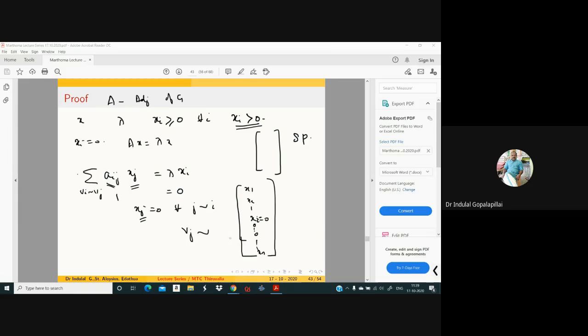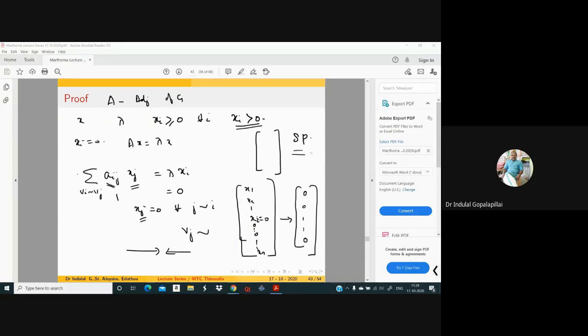And since the graph is connected, eventually we reach a stage when all entries of this eigenvector are equal to 0. That is impossible. Therefore, if a non-negative vector is an eigenvector, then none of the entries can be 0. All entries should be strictly greater than 0, so that the vector is strictly positive.